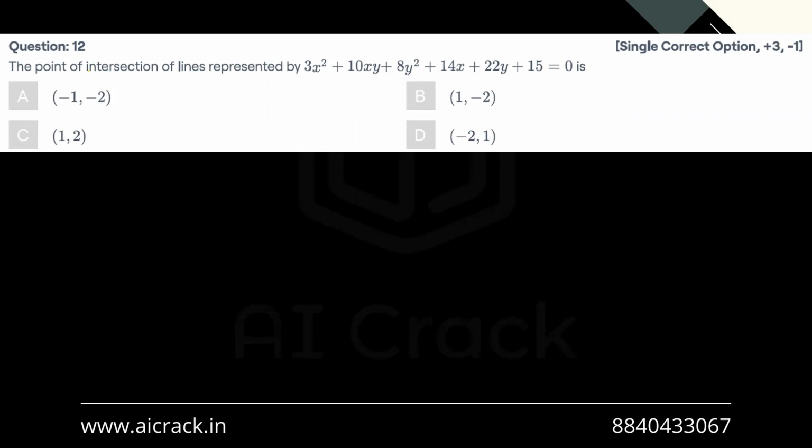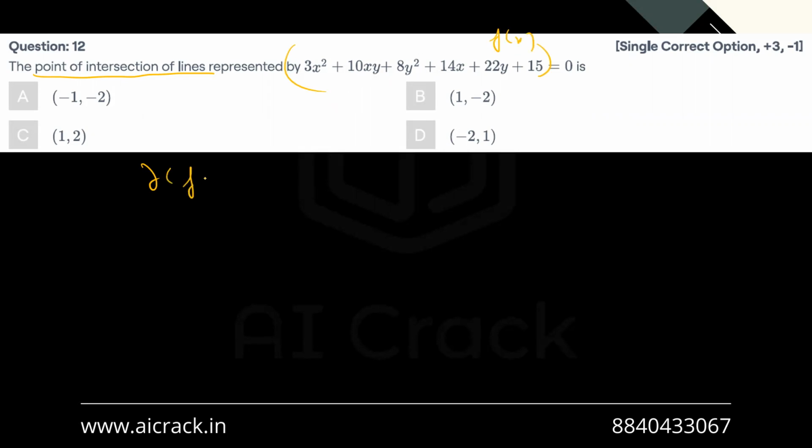So basically if you want to find out the point of intersection of lines, we have to find out two lines from here. So the first method is to partially differentiate it with respect to x and with respect to y, and you will get the two lines. So let's say this expression is f(x,y).